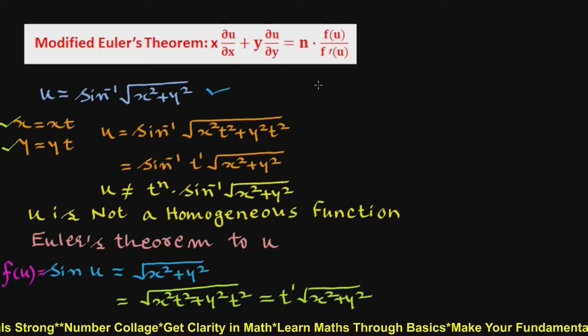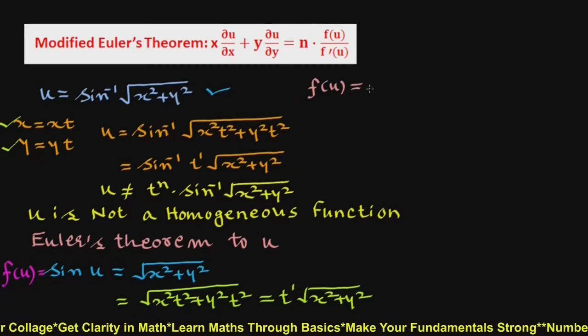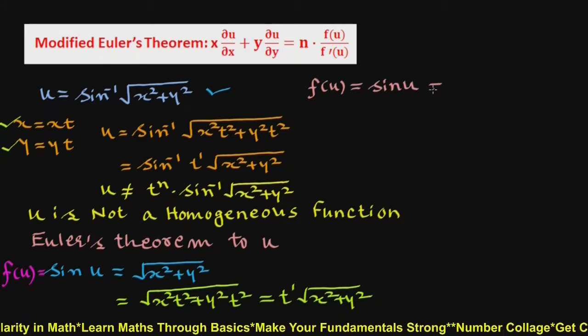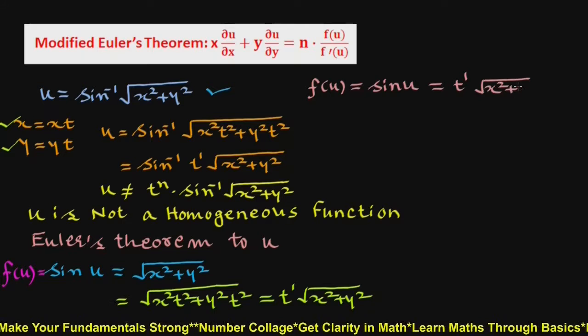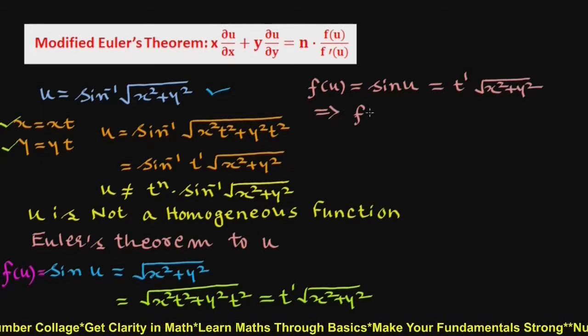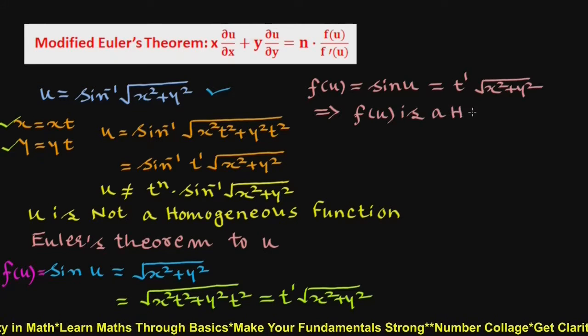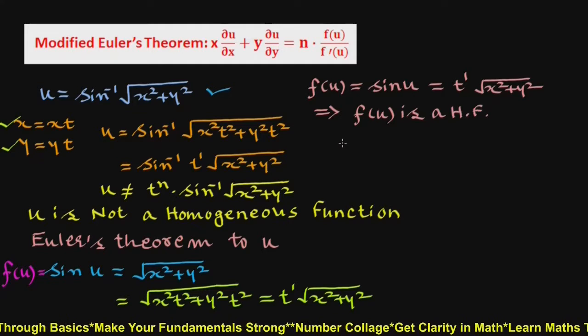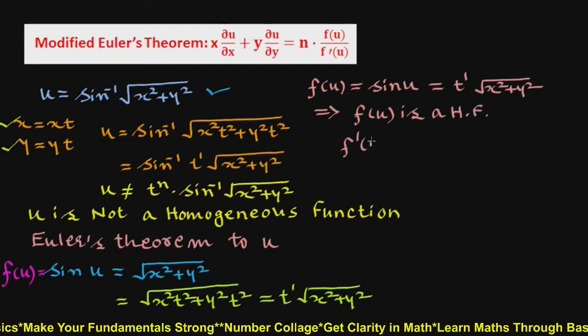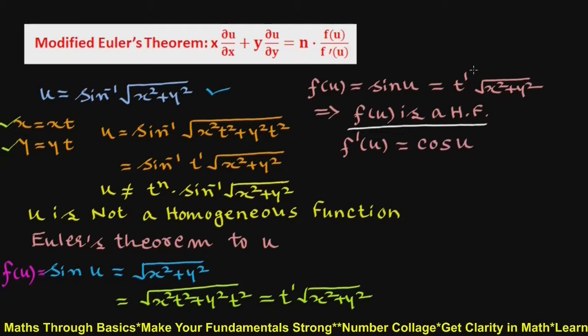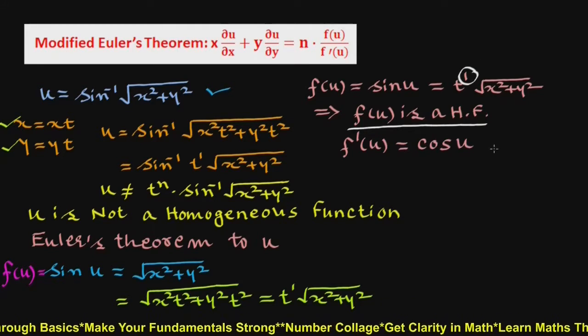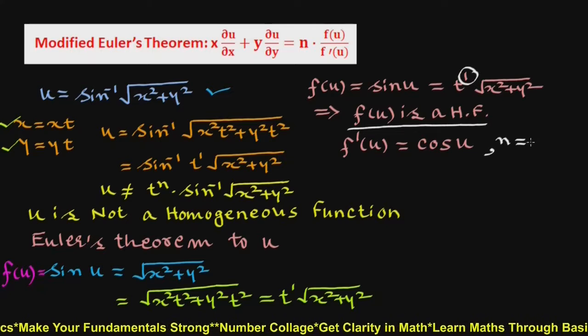So here f(u), which is now sin u, can be written as t to the power 1 times the square root of x² + y². Hence f(u) is a homogeneous function, so f'(u) will be cos u, and the degree of this homogeneous function is 1, so we have n = 1.